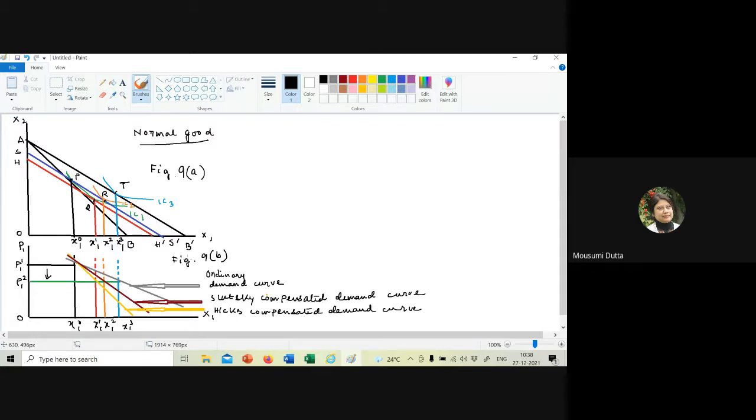Next, in certain cases, however, we need to take into account only the substitution effect.